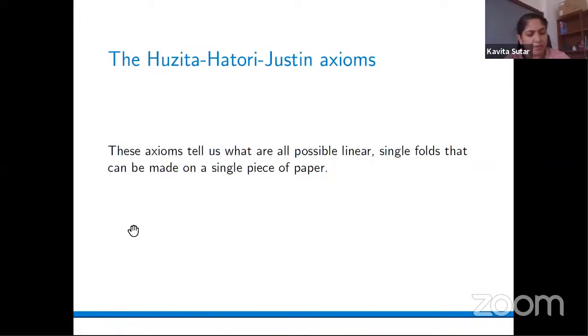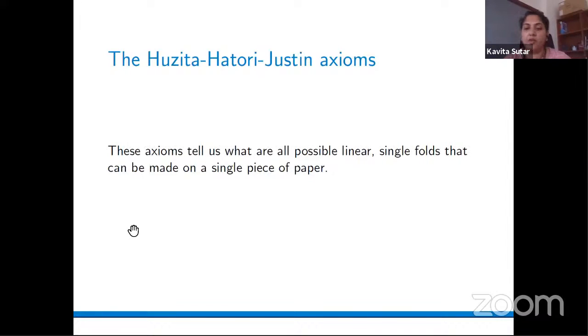Twentieth century mathematicians realized that for origami to be accepted as a mathematical science, you need a set of axioms, a set of well-defined postulates so that you can derive theorems from them and also know what the self-explanatory folds are.